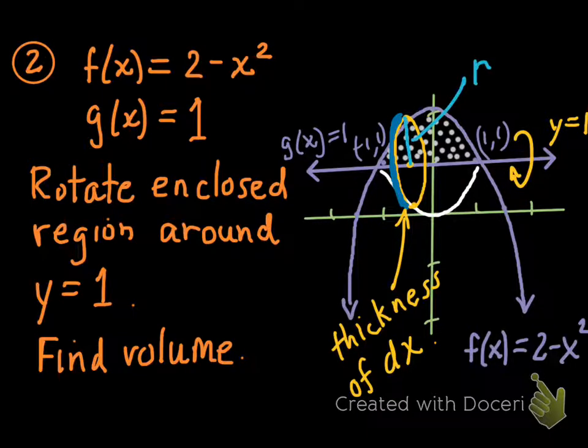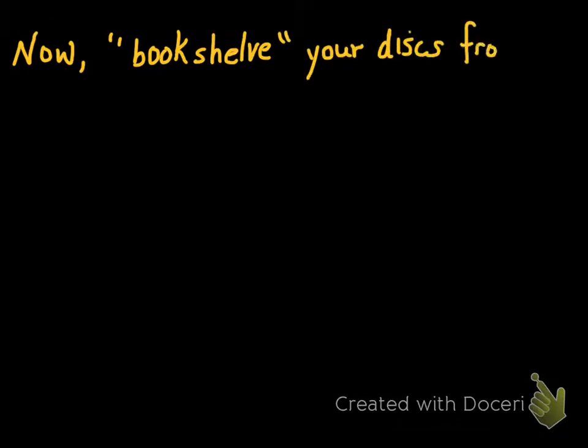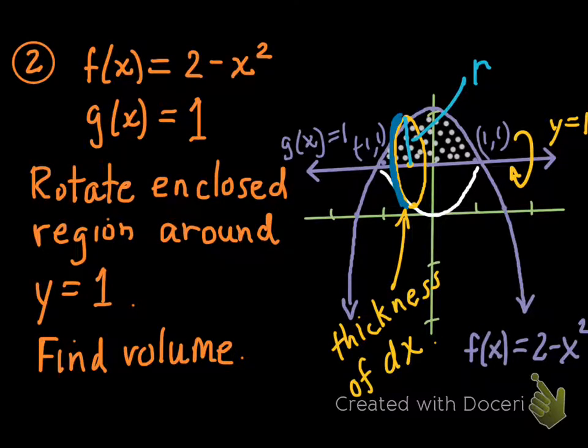Hopefully you can see here the radius r of the one circle that I have pictured. We are going to bookshelf these circles from -1 to 1. If I go back a page here, you see clearly the x values of -1 and 1 that we're going to integrate toward.